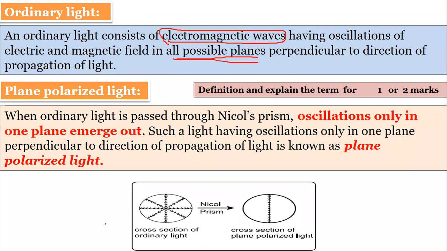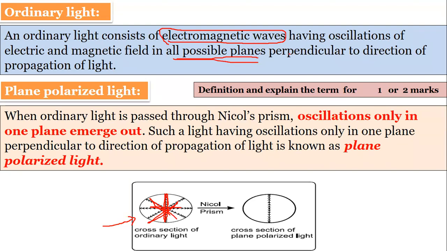See, this diagram is shown here. This is a cross section taken of the ordinary light. It can oscillate like this, like this, like this, in all possible directions. This is called ordinary light, with the definition given here: the oscillations of electric and magnetic field in all possible planes perpendicular to the direction of propagation of light.